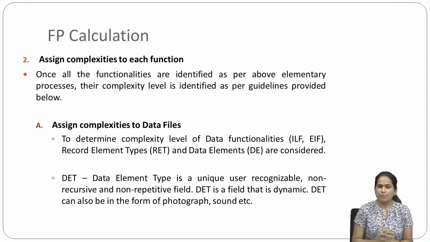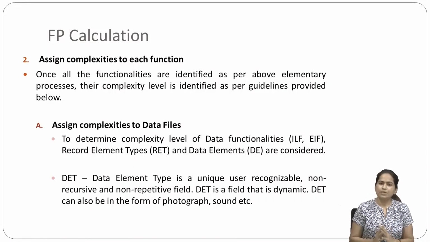To determine the complexity level of data functionalities, record element types RET and data element types DET are considered. Now first we are going to see DET, that is data element type. Two types you have to consider for assigning complexity to a data file: record element and data element. First we have DET, that is data element type.